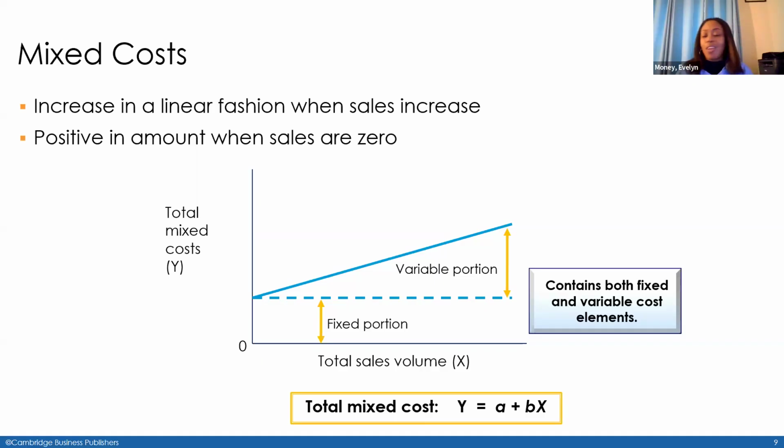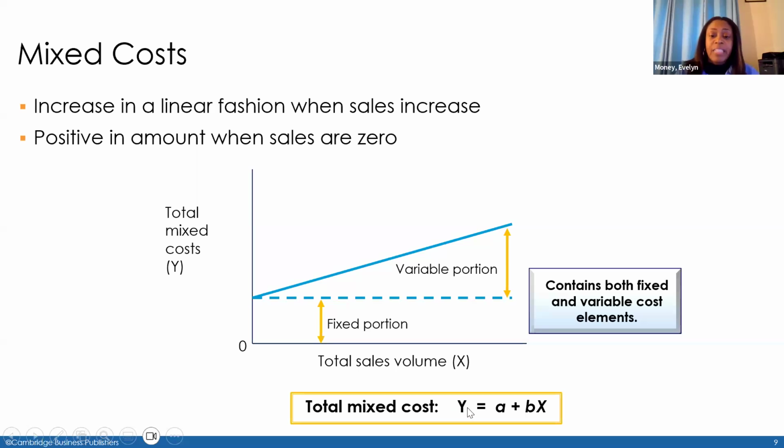Now, your textbook likes to change these variables, and that's okay. I don't want you to be confused by that. But whenever you see something connected to the x in that equation, I want you to immediately remember that is my variable cost, because for my variable cost, I have to multiply that cost per unit times the activity level.